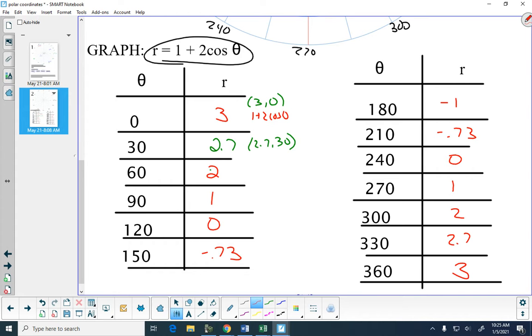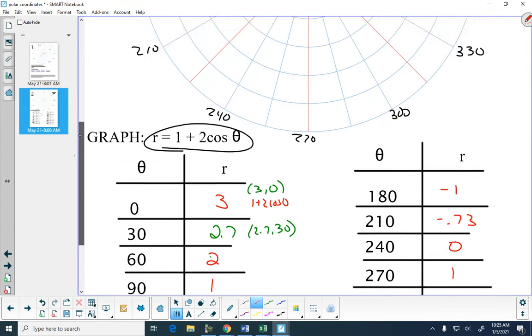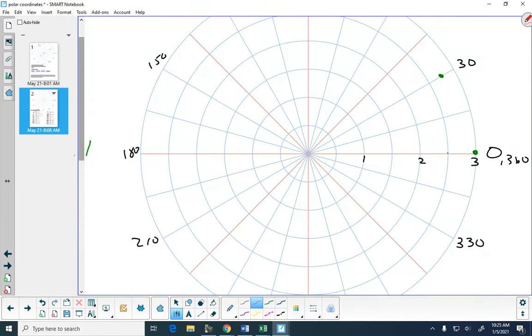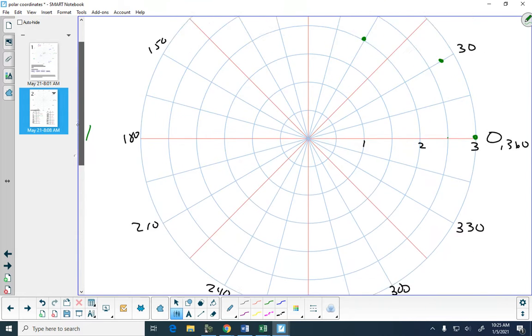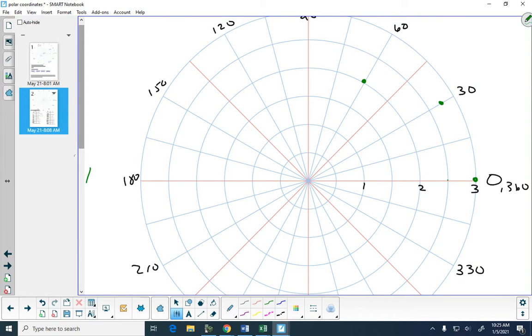All right, so now we look at our graph. When I'm at 60 degrees, I have a value of 2. Then we have a value of 1 at 90 degrees. So at 90 degrees, I'm just going out 1 unit.